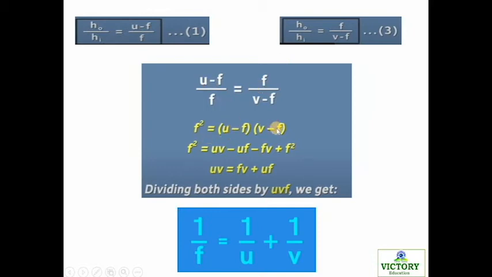Multiplying these, u into v, minus u into f, minus f into v, minus f into minus f, which is plus f square, right? So I'm dividing by u f v on both sides. So what will I get? uv by uvf is 1 by f, which is equal to fv by uvf, which is 1 by u, plus uf by uvf, which is 1 by v. So this is what I got, my mirror equation.